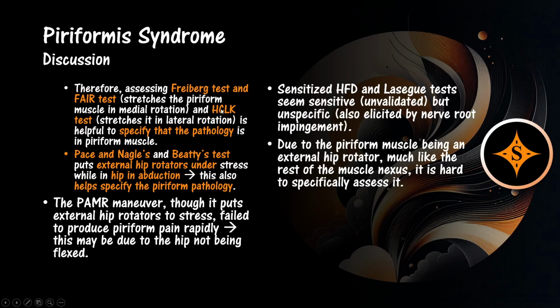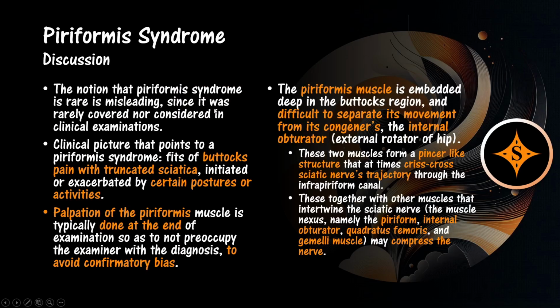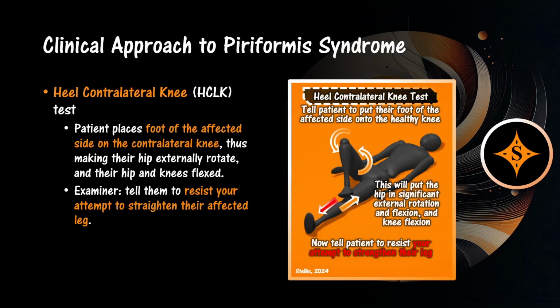So if you do lateral rotation, well, you do the HCLK test, that is this test. So you do hip flexion, extreme hip flexion, and you induce medial rotation by trying to pull on it, and the patient resists your pull.